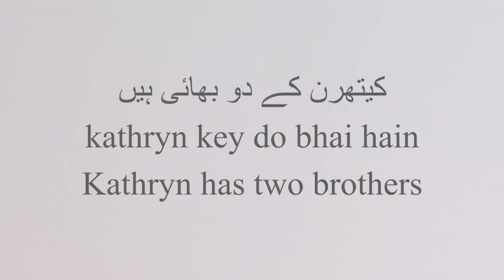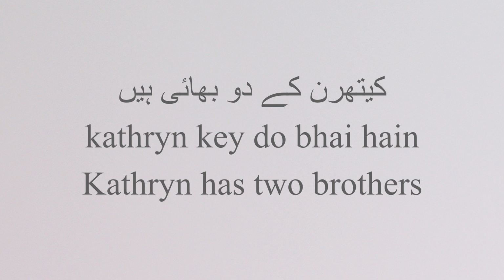Basically ka, ke and ki means of. To express have, it means has and have. So Catherine has 2 brothers: Catherine ke 2 bhai hain. Ke is for plural masculine object.